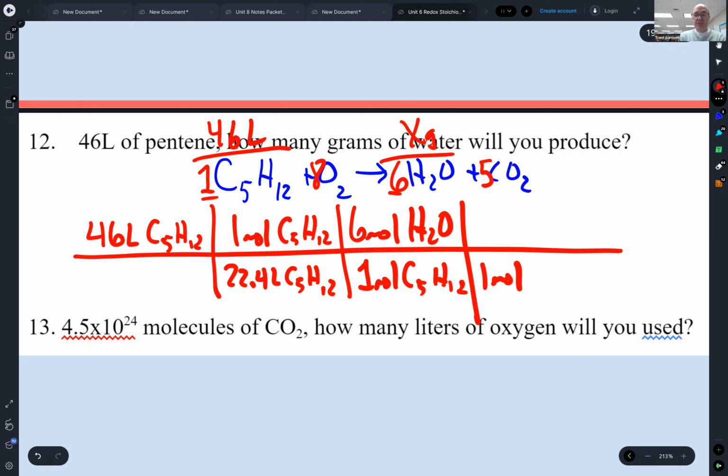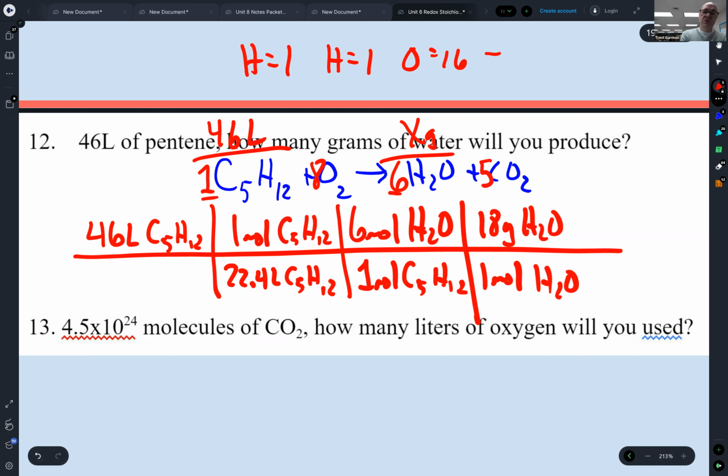And then off the periodic table, for every 1 mole of H2O, there are 18 grams of H2O. Where did I get that? H weighs 1, so there are 2 of those H's, and oxygen weighs 16. You sum those together, you get 18. So all I have to do now is multiply the values across top, 46 times 6 times 18 divided by 22.4, and you end up with 220.7 grams of water.